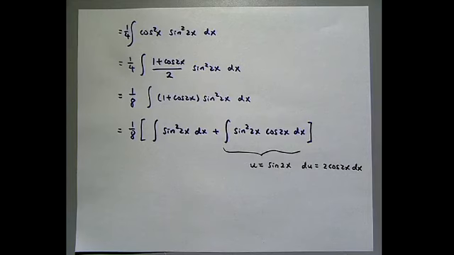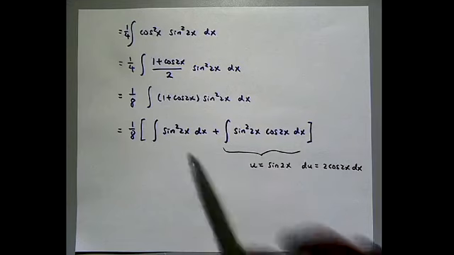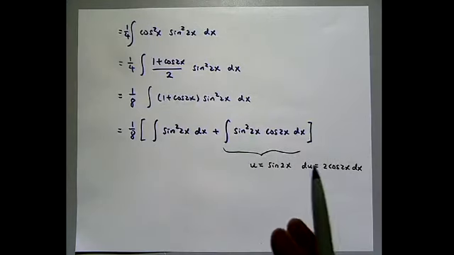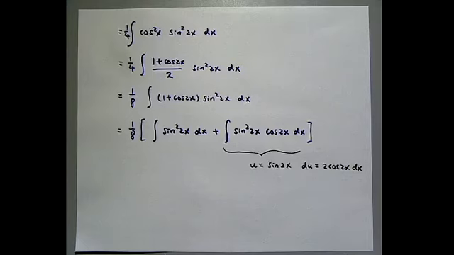Any other suggestion how we can tackle this? The Pythagorean, I can do that. Sure, that's one option. But then I'll get 1 minus cosine squared of 2x, and then I have the same kind of issue here. I still have to square something, yeah.